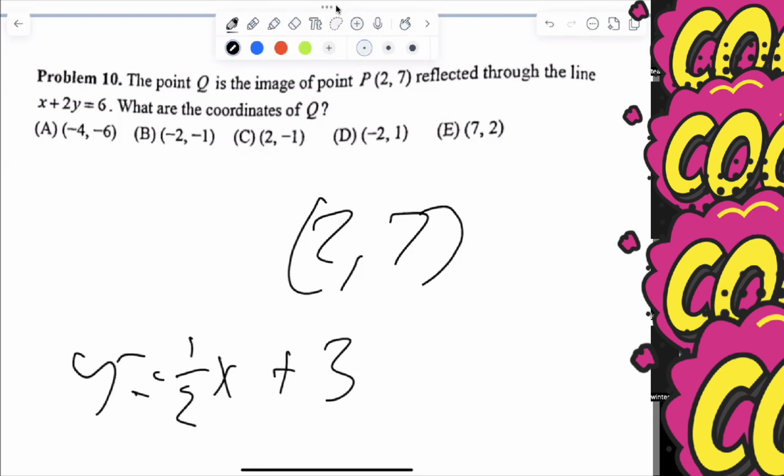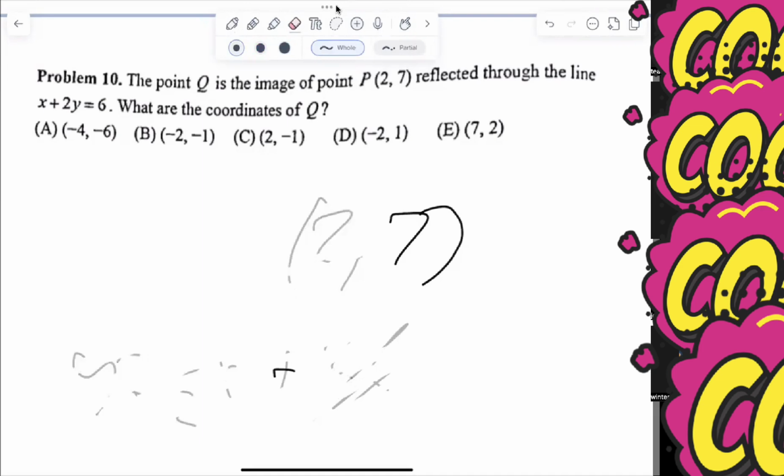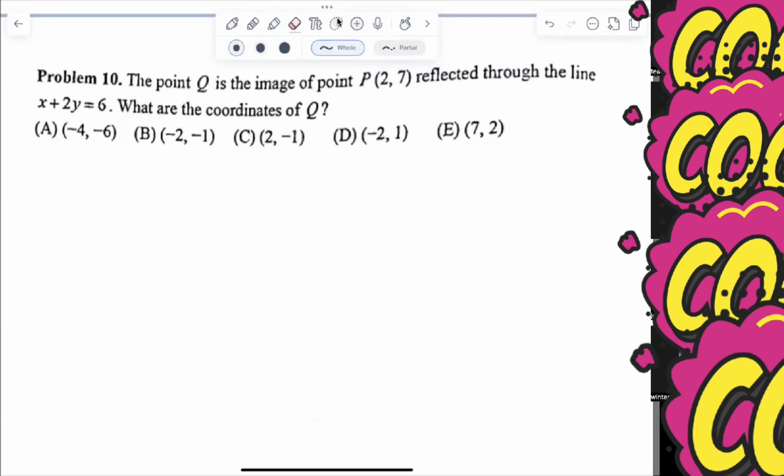Plugging in 2 for x gives us negative 2 for the y. So y is 2. Or am I doing something wrong? Yeah, I don't think y is equal to 2. Let's use the graphing as we did before.